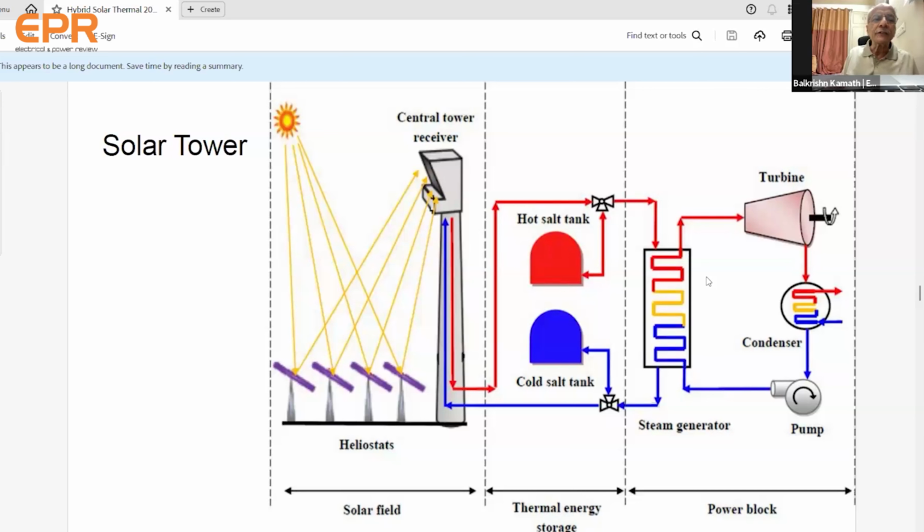So the image of the sun has been made static at the central tower receiver, which you can see in this picture on the tower top. Wherever the sun is, the reflected image will be on the receiver. That's why these reflectors are called heliostats. And from there, the heat is captured through a boiler tube kind of structure, and the heat is taken out.